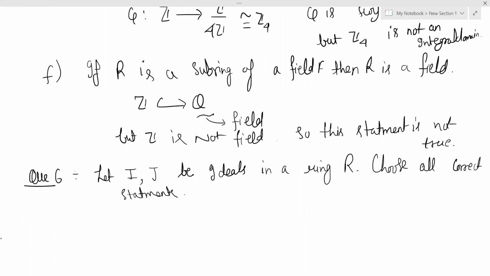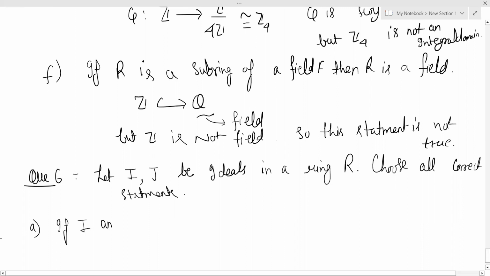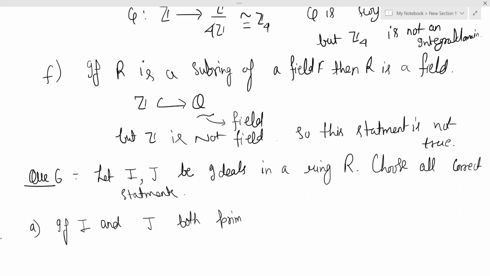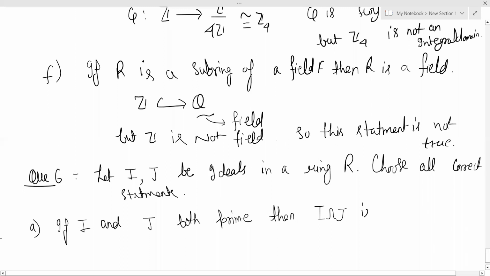Part E: if I and J are both prime, then the intersection I ∩ J is always a prime ideal of R.